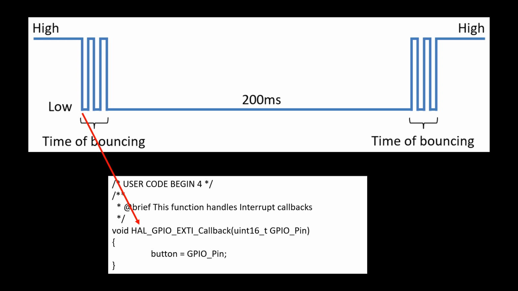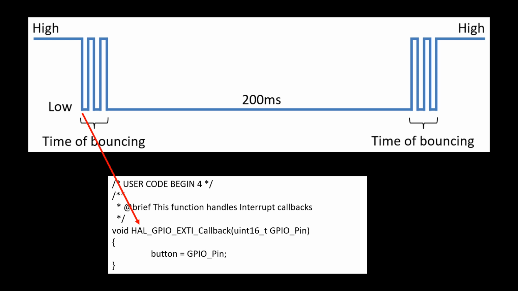Okay guys, let's go through this process in code first. When the button is pressed, the falling edge generates an interrupt. In our interrupt service routine, here HAL_GPIO_EXTI_Callback, which is called at this moment, we also need to know where the interrupt came from.